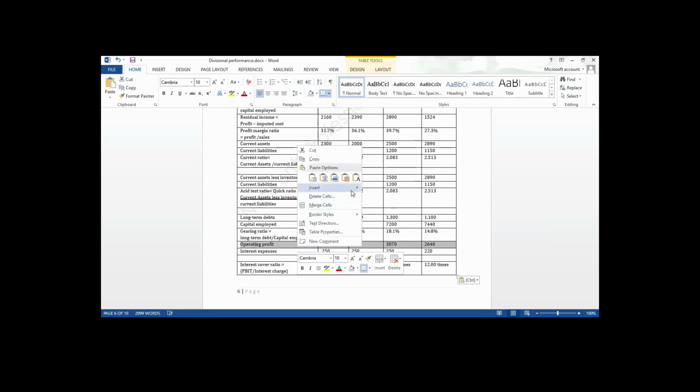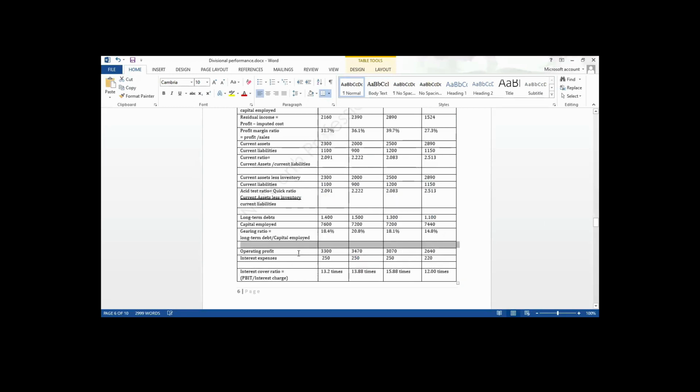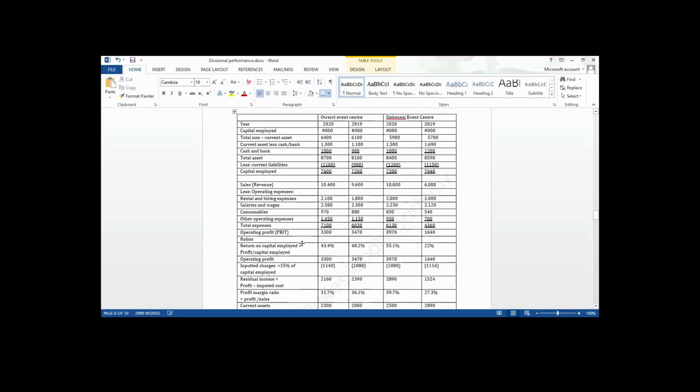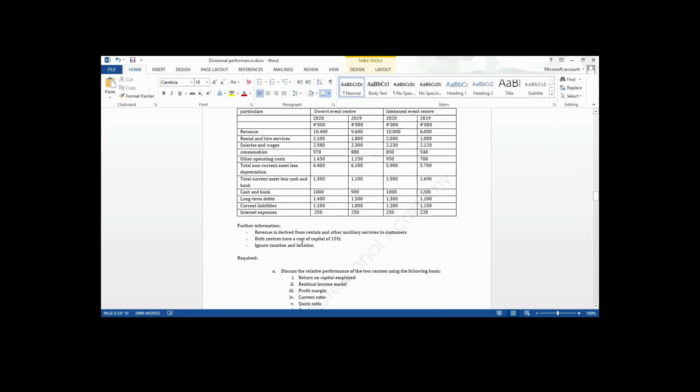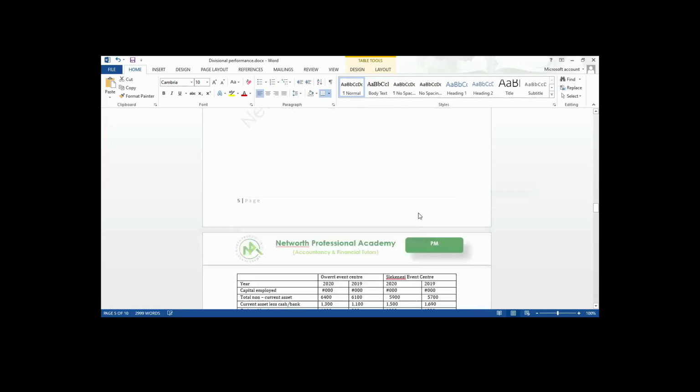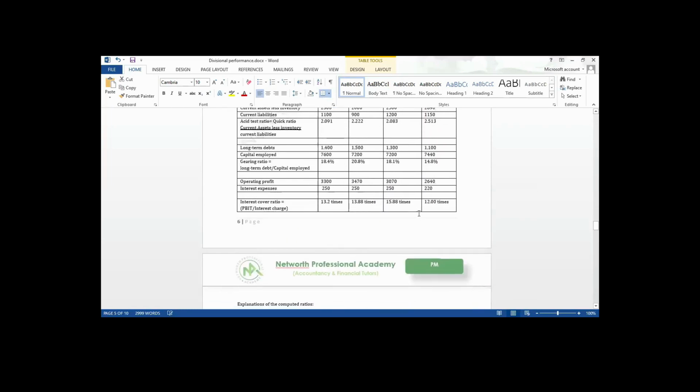Operating profit divided by interest expense. The interest expense is given in the question. We just copy it. So divide 3,300 by 250.